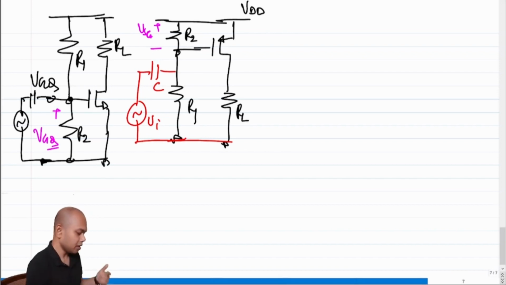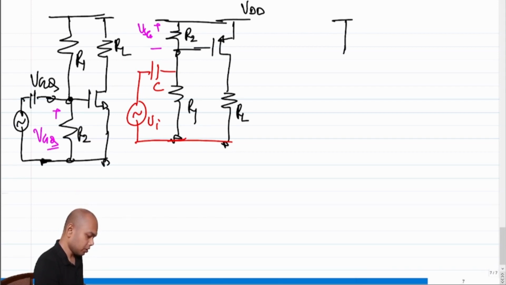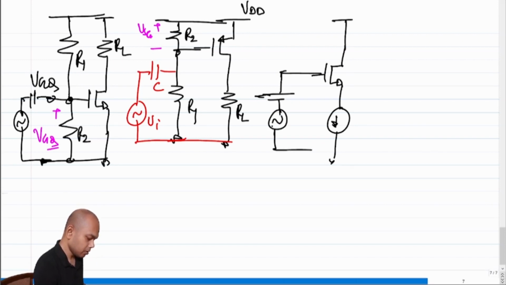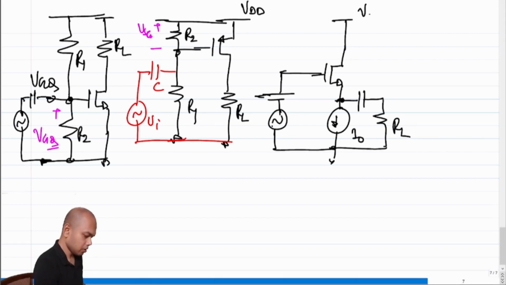What will be, for example, a common drain amplifier? In case of an NMOS, our common drain amplifier was this. I'm not showing the input side biasing anymore. We were taking the output here.